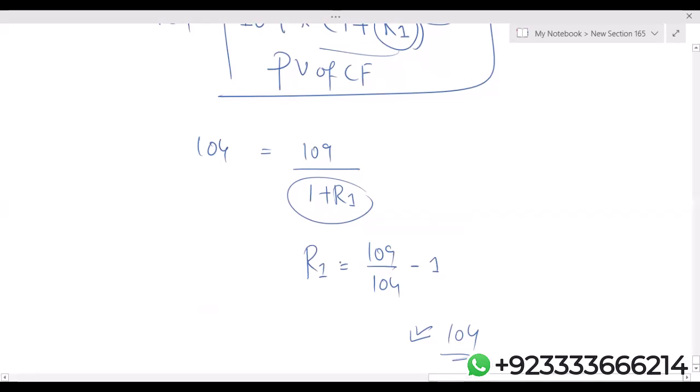I'm getting 4.807. So with a little bit of rounding off, you can make it 4.81. Yeah, 4.8 is perfectly all right. Is this clear to everyone? 4.81% or 4.8?